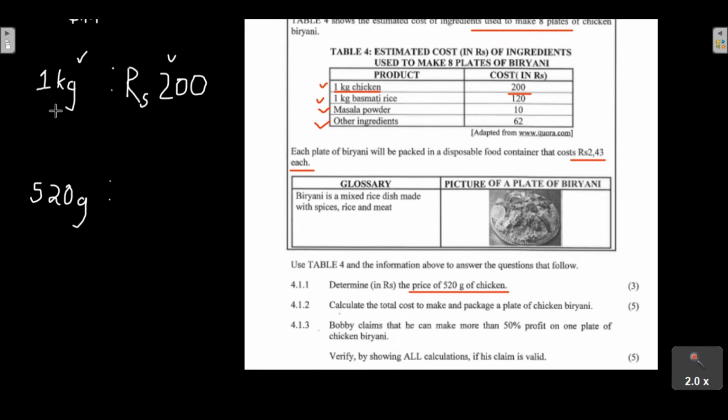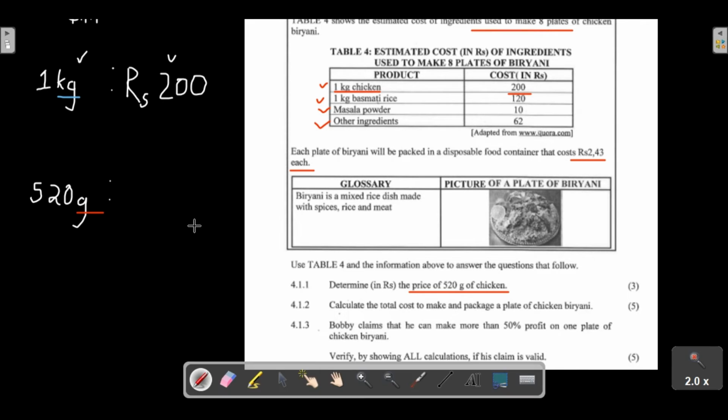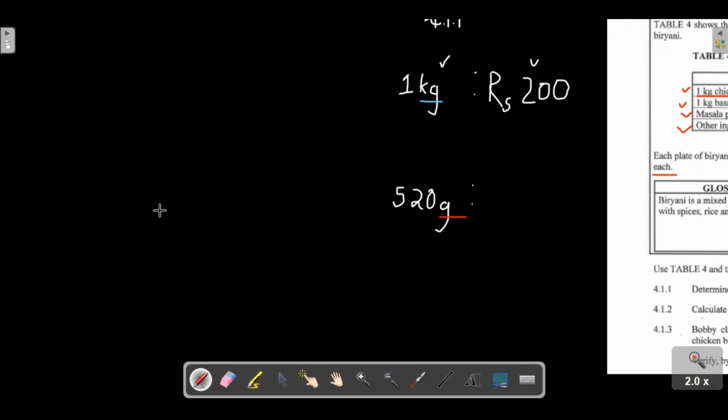What we are given is written in kilograms, but we have grams. So we have to first convert these grams into kilograms. On the side, we convert. We actually perform these calculations pretty frequently. So 1 kilogram is equal to 1,000 grams.